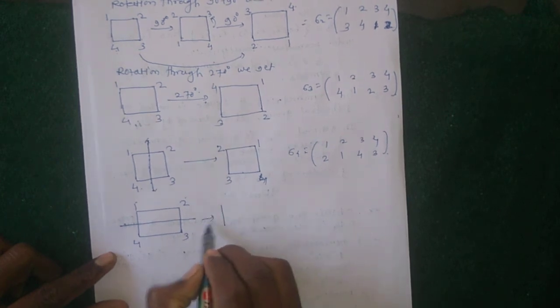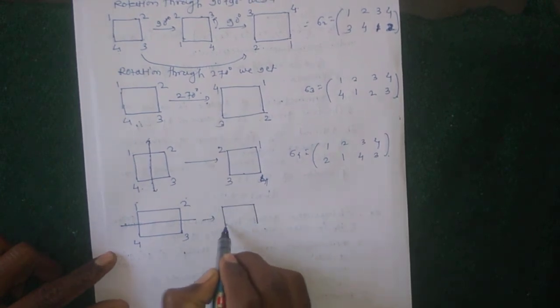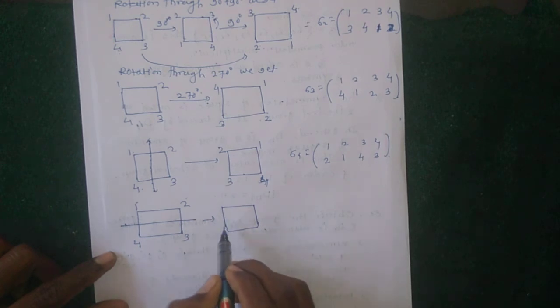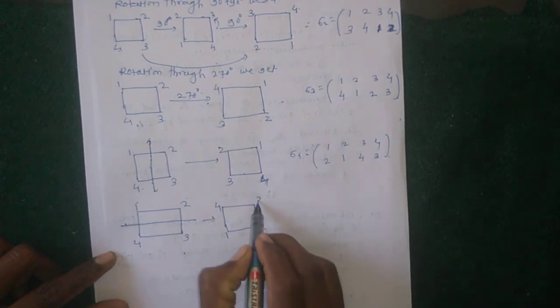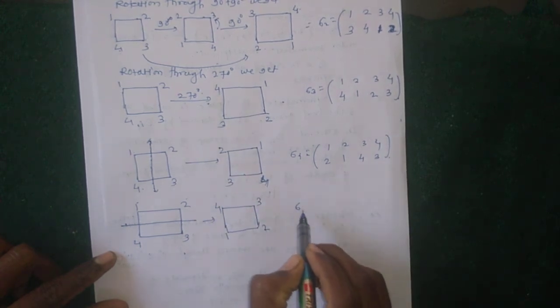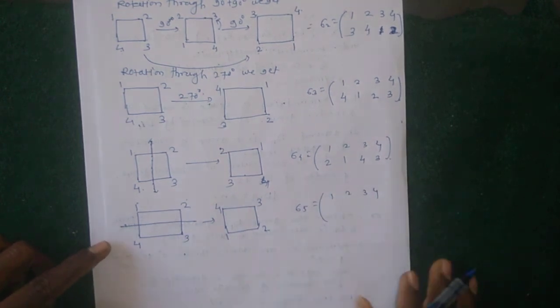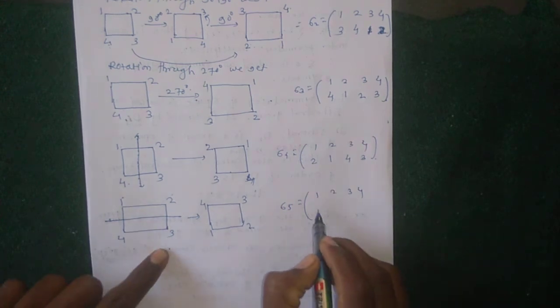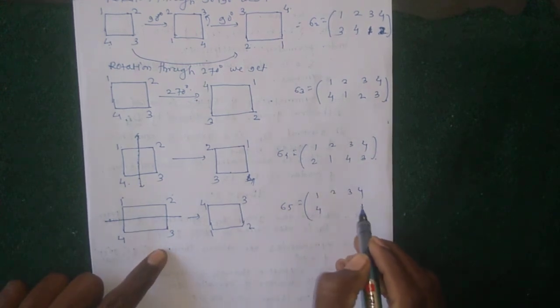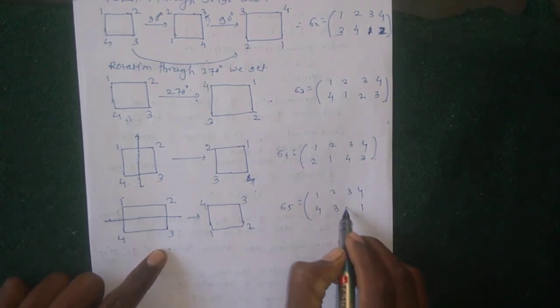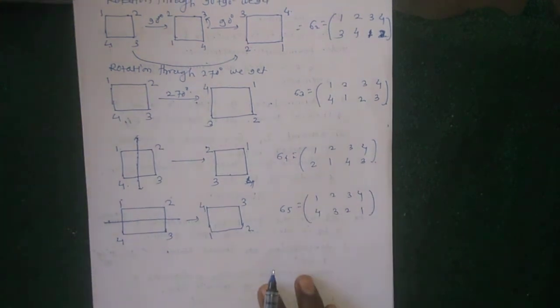So we get the square with values 4 1 3 2. This is called sigma 5. Sigma 5 has value 1 2 3 4, so 1 has value 4, 4 has value 1, 2 has value 3 and 3 has value 2. This is one permutation.